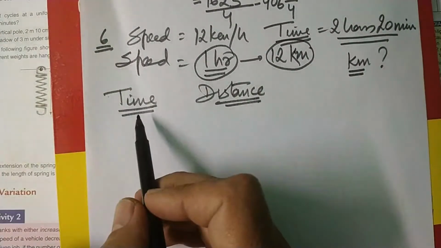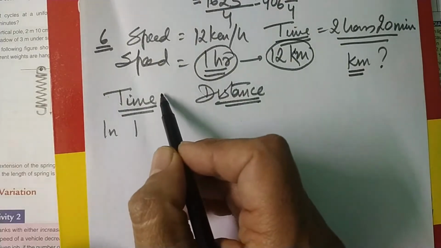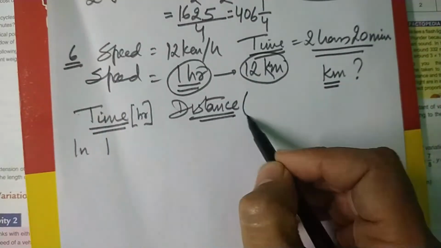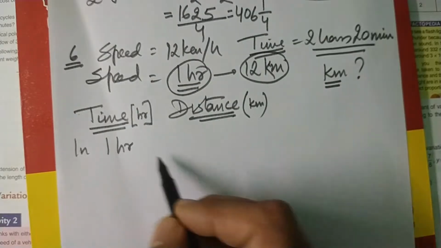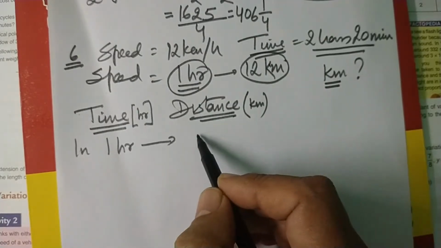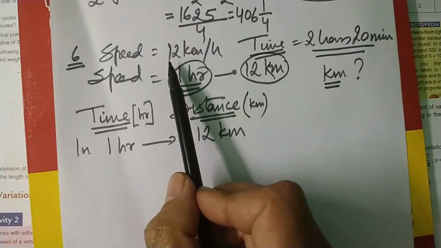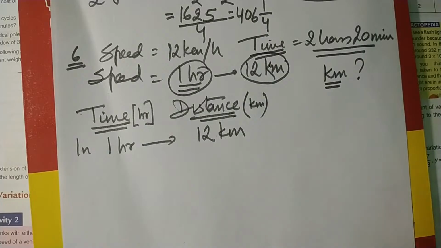Time is given in hours, distance is given in kilometer. It is given 12 kilometer per hour, which means in 1 hour he travels 12 kilometer.